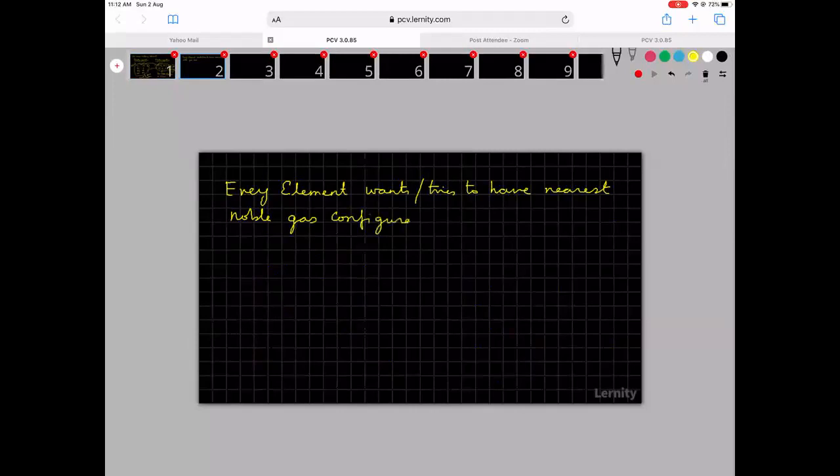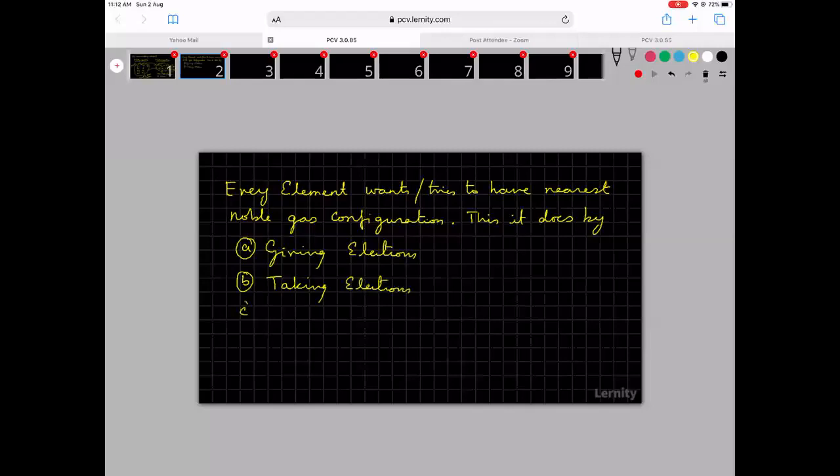This it does by A, giving electrons, B, by taking electrons, and C, by sharing electrons.